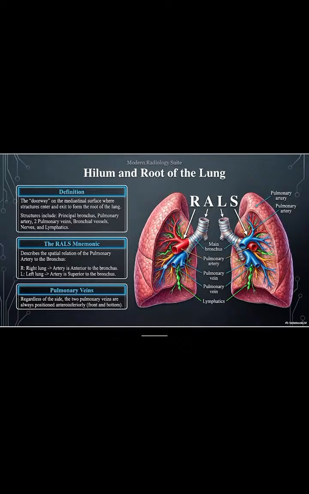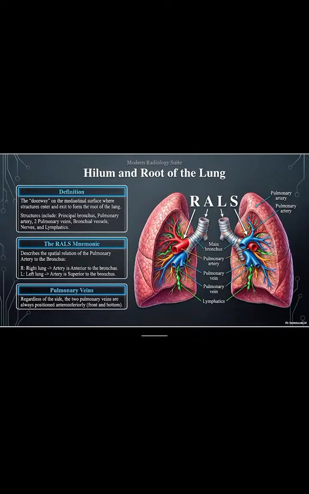While for the left lung, the pulmonary artery is superior to the bronchus. The pulmonary artery is superior to the bronchus for the left lung, and anterior to the bronchus for the right lung. Don't forget that.